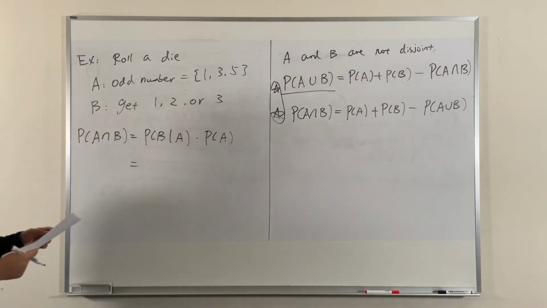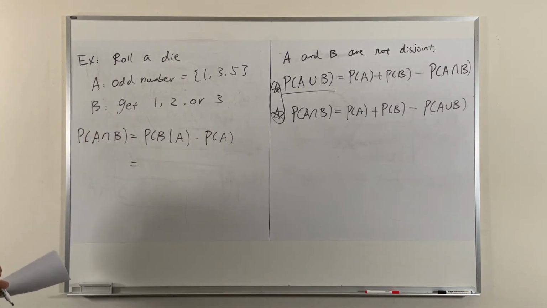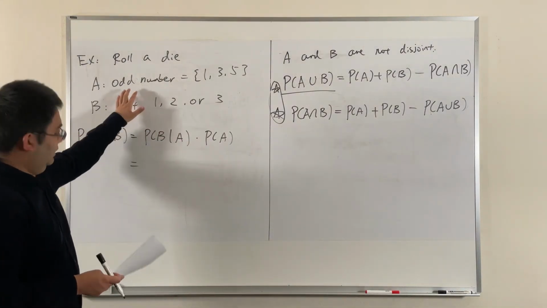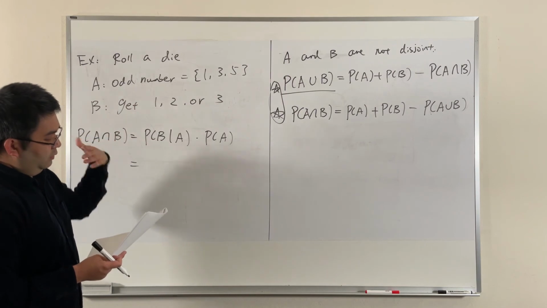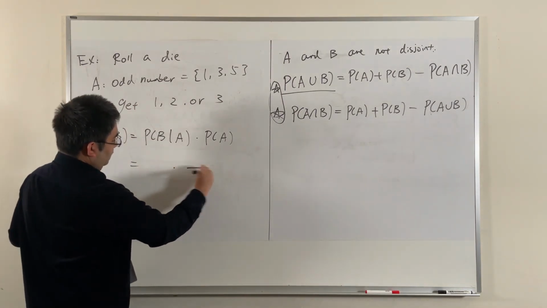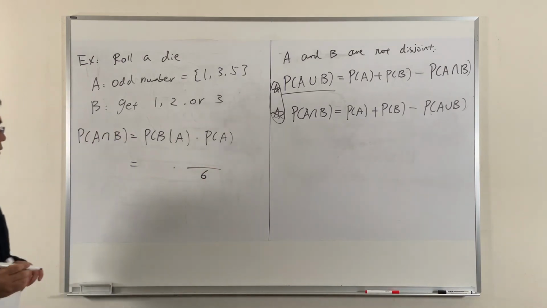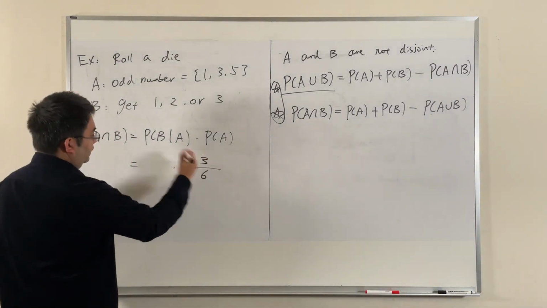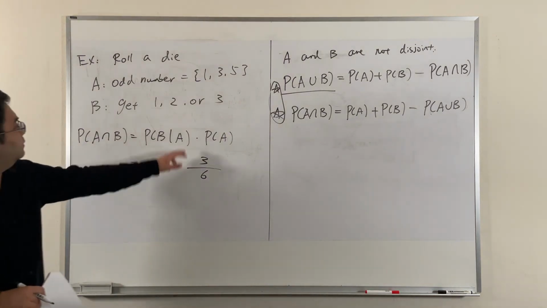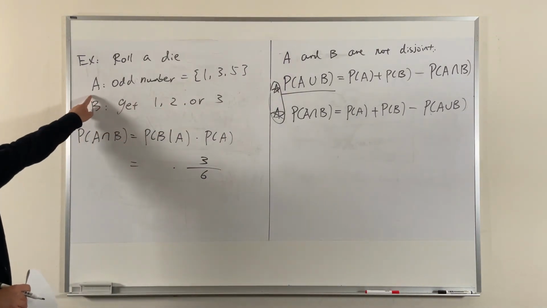Okay, good. So what's the probability of A here? The probability of A is you get an odd number. So the probability of you getting an odd number is the total 6 possible outcomes, and then 3 of them satisfy your event A here.